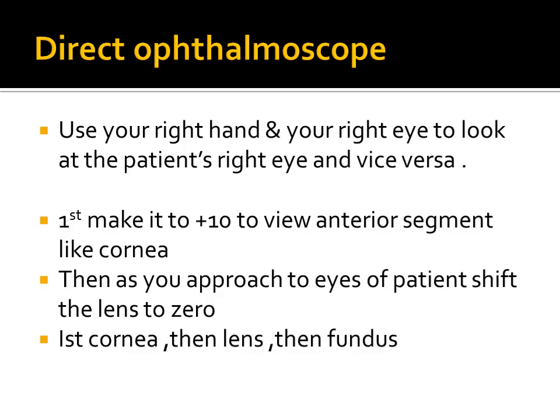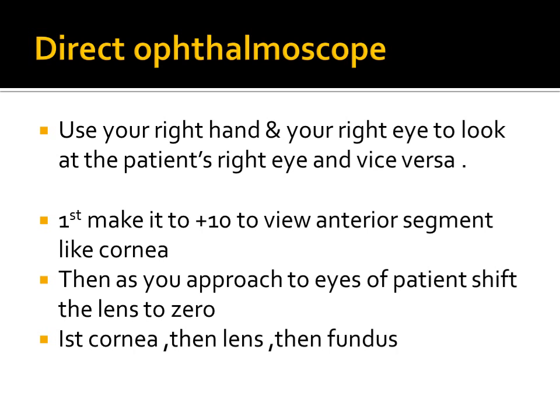This is the method of how we do ophthalmoscopy. We ask the patient to fix at a distance, we fix the head, and we do the ophthalmoscopy from distance to near.